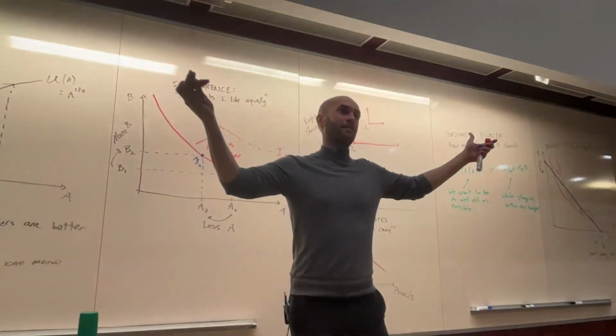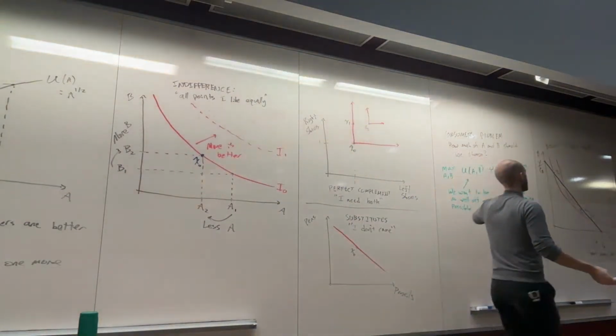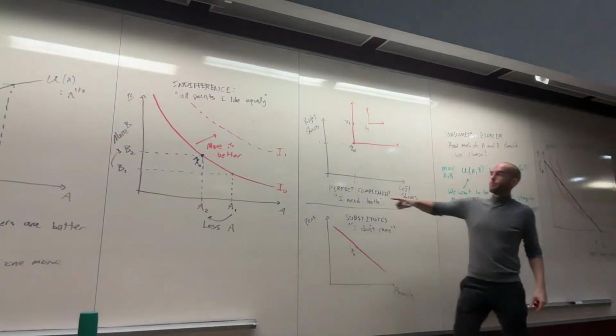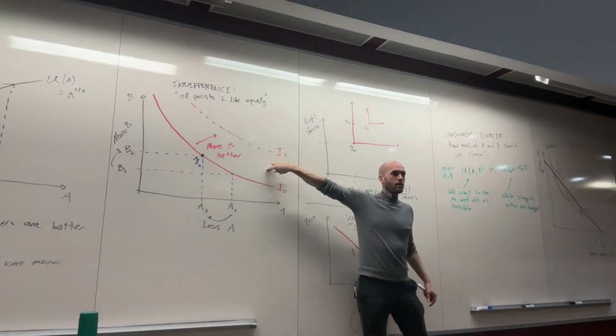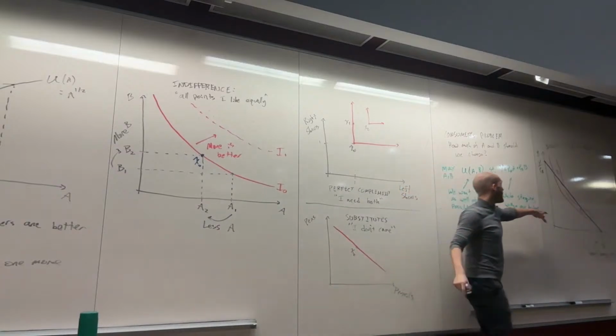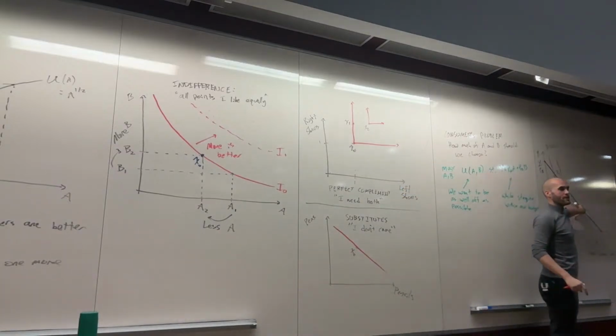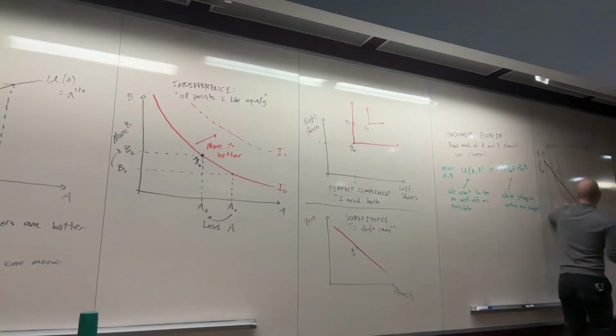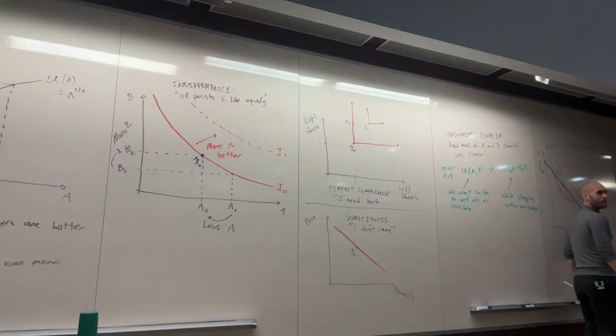Right, we like x2 better than x1 because it's higher. More is better. So we're going to continue, and x2 is on the budget constraint, so it's affordable. So we can continue to climb the mountain until we can't move further in and increase our indifference curve.